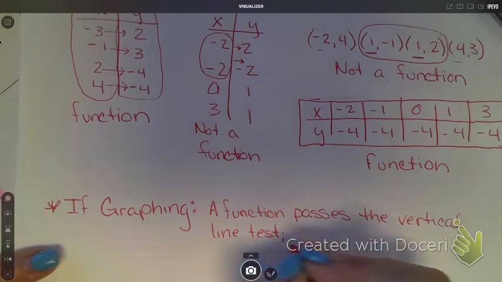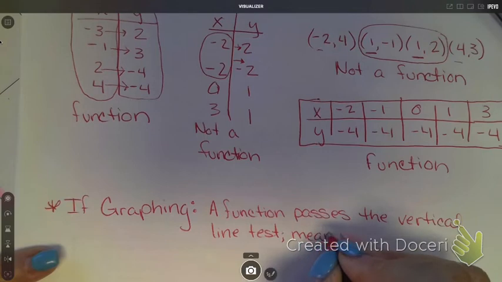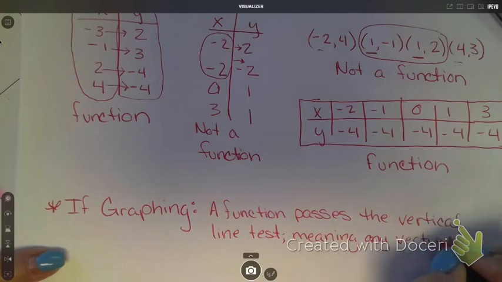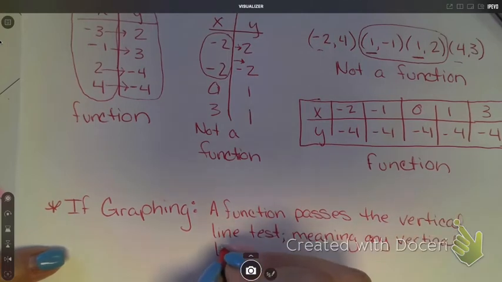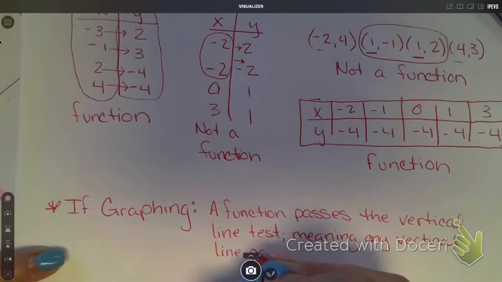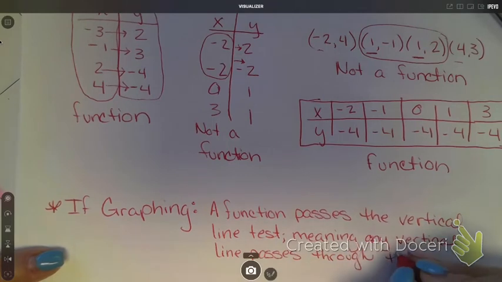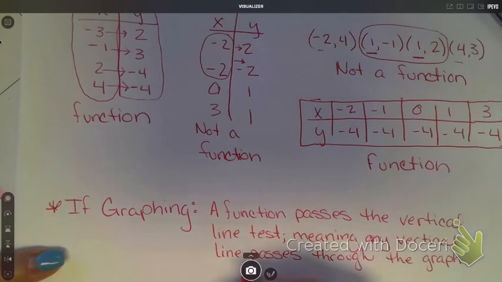It's not that hard. Meaning it doesn't go over the same x twice. Any vertical line passes through the graph only once.